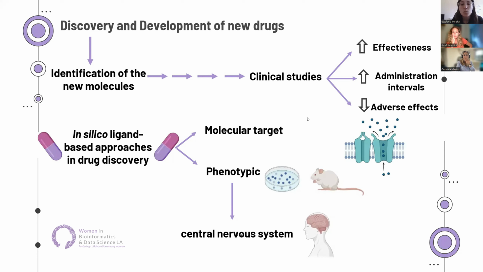There are two main approaches in the discovery of new drugs: those based on molecular targets, for example, an ionic channel, and those based on phenotypes, for example, specific cells or an animal model.